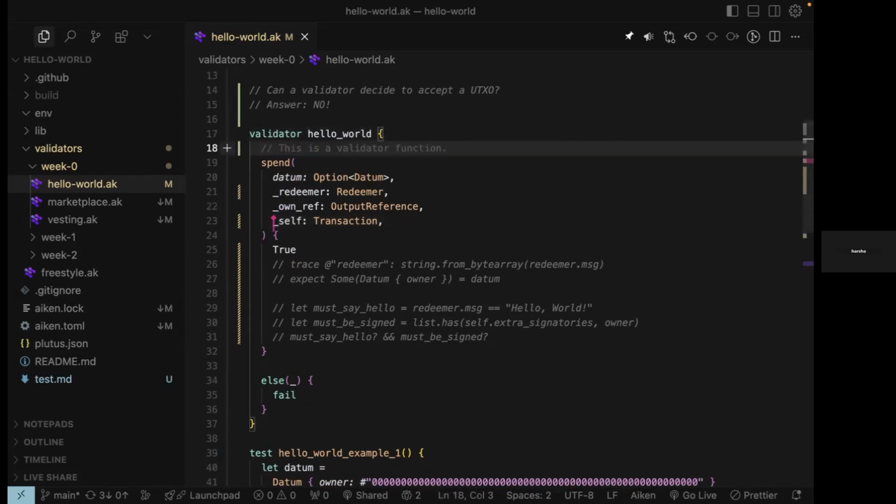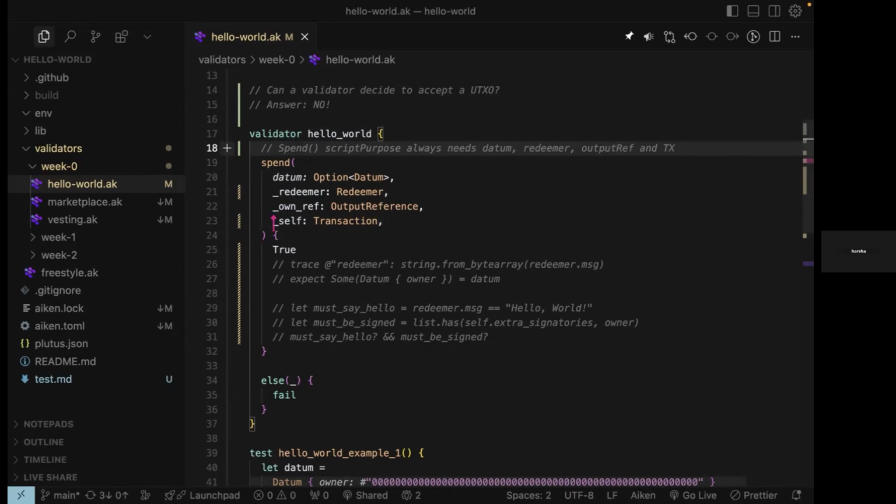Yes. So I'm going to write a comment here. Spend script purpose always needs datum, redeemer, output reference, and transaction.